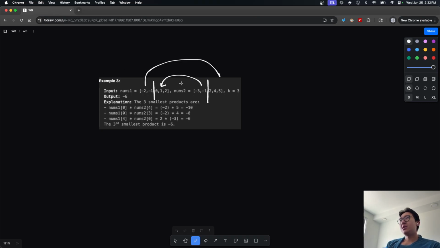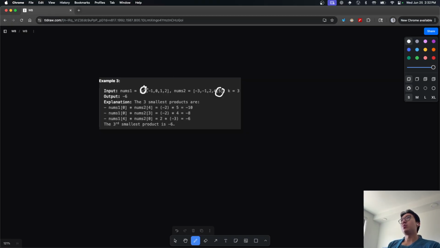Maybe put it in a min heap or max heap. But that's the thing, because maybe we don't want to multiply the most negative with the most positive.